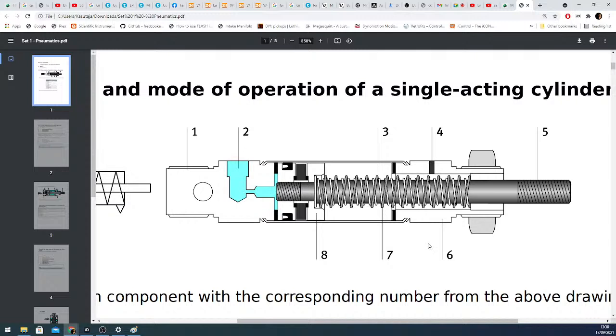So construction-wise, it's a little bit different and a little bit more difficult to produce because of the spring part here. But to control this cylinder, it's easier. This is a single acting cylinder because we are only using compressed air on one side, on the left side here.